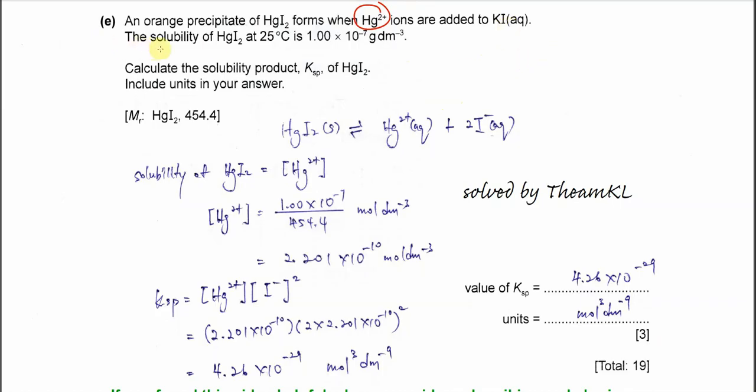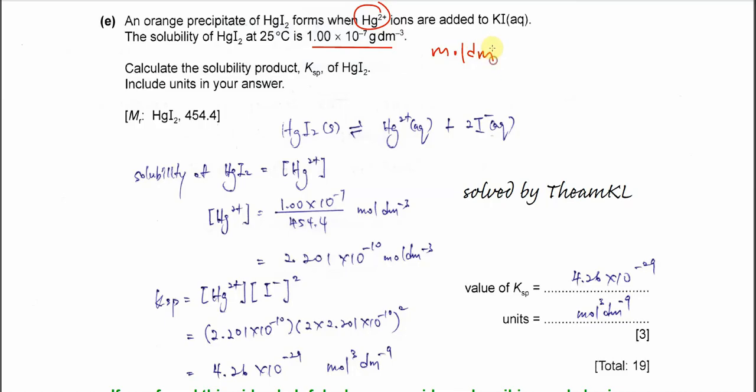The solubility of mercury iodide is 1 × 10⁻⁷ gram per dm cube. Calculate the solubility product. For the solubility product, we must use the concentration in mole per dm cube. So we have to convert the gram per dm cube to mole per dm cube.